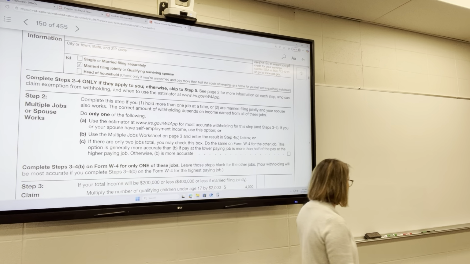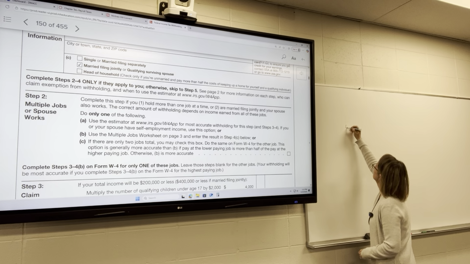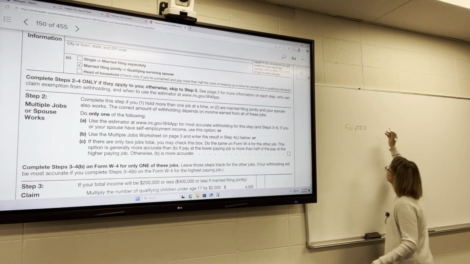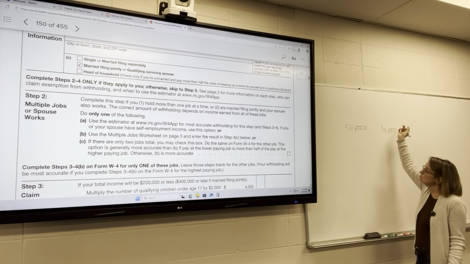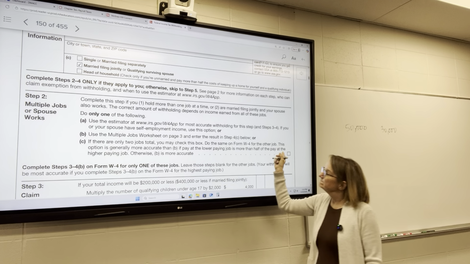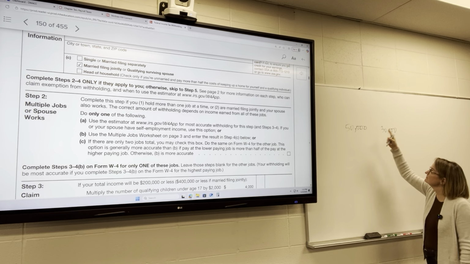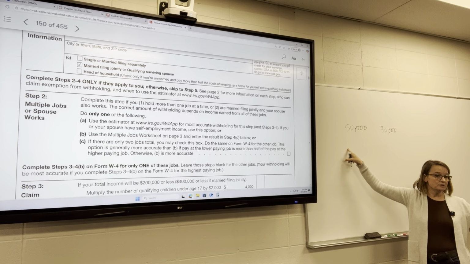What does that mean? So we've got one job that's earning $50,000 and another job that's earning $30,000, so 2 jobs. Pay at the lower paying job is more than half of the pay at the higher paying job. Well, in this case, that is true.